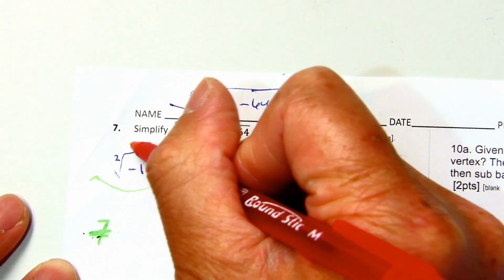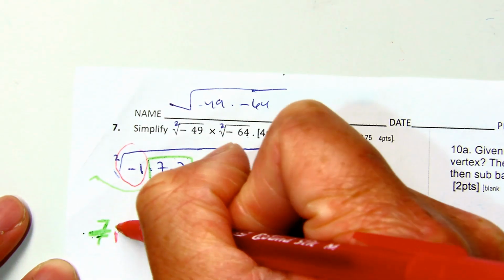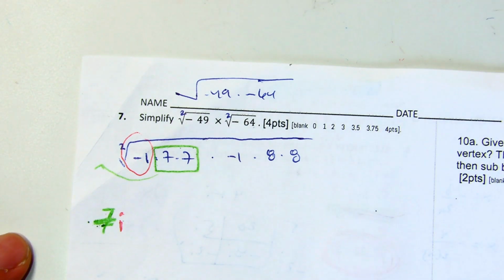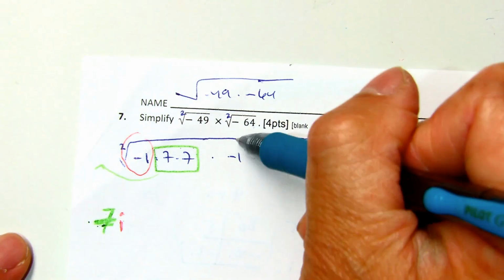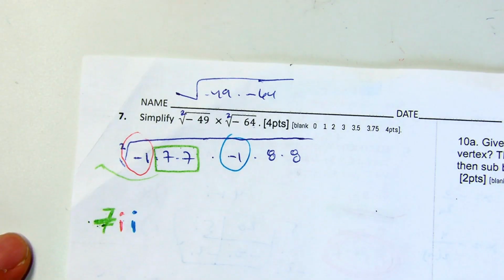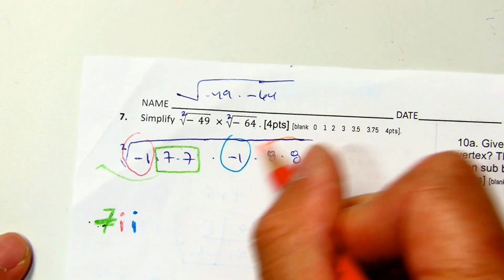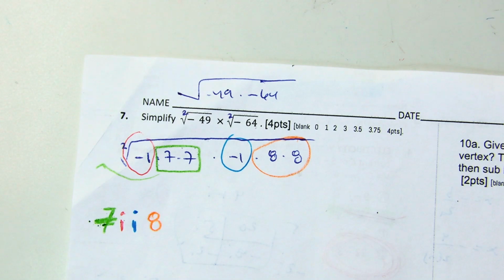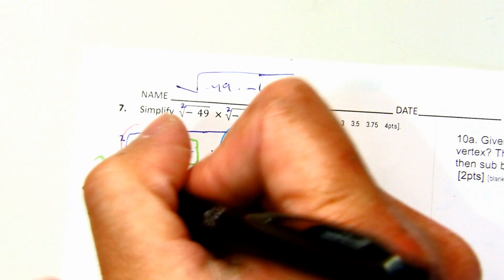Okay, square root of -1 is i. And here's another pair. The square root of 64 is 8. And then basically you just go through and multiply here.